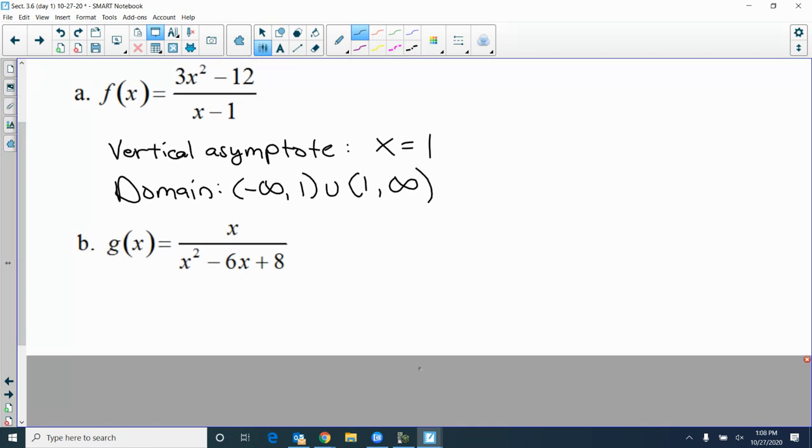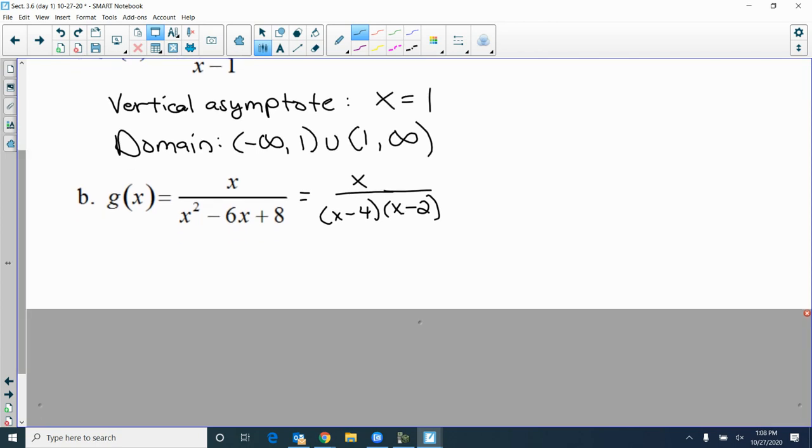All right, for B, we want to know where it equals 0. You better factor. And that'll factor into x minus 4 times x minus 2. All right, vertical, you have 2 of them, because x cannot equal 4, x cannot equal 2.